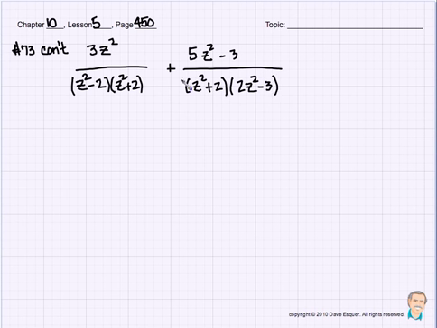And these we got from the previous page. We factored out the denominators. We've got to find an LCM.